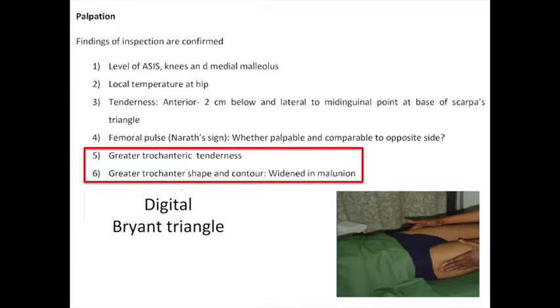So this point was discussed earlier also about tenderness. Now tenderness could be there if secondary changes have started due to the altered biomechanics, if arthritis has started, or if there has been surgical intervention and some implant failure is happening, some intra-articular migration of a screw or something.